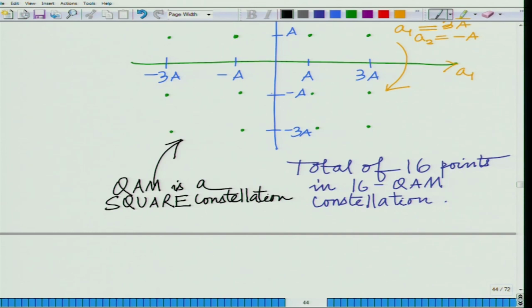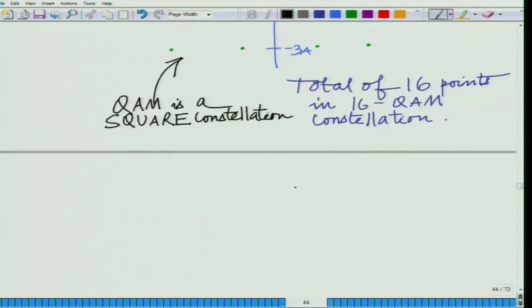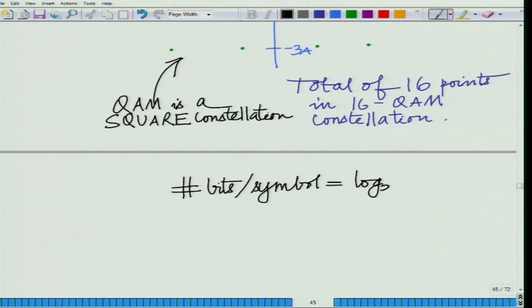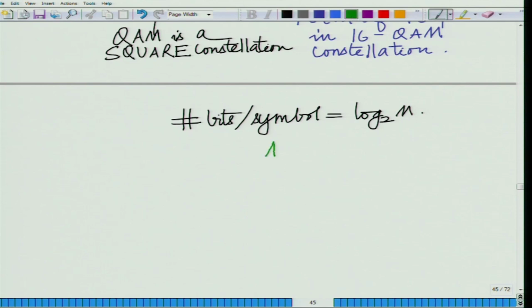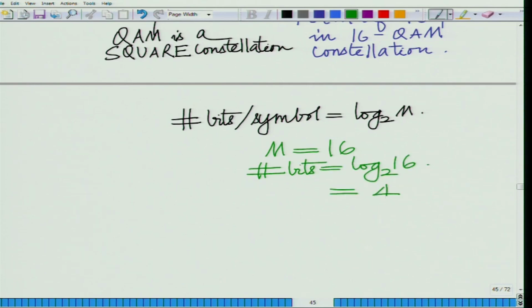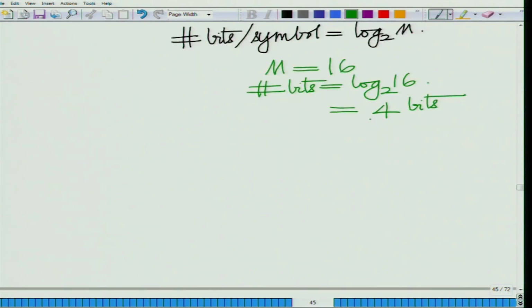So, QAM is a square constellation, and of course, we have seen the number of bits equals log 2 to the base M. If M is equal to 16, number of bits equals log of 16 to the base 2, equal to 4 bits, 2 bits on each constituent PAM.